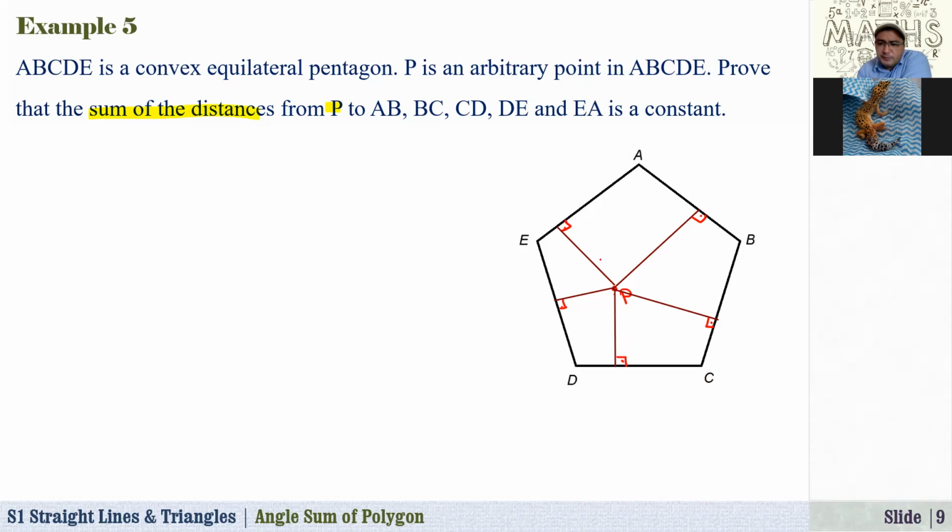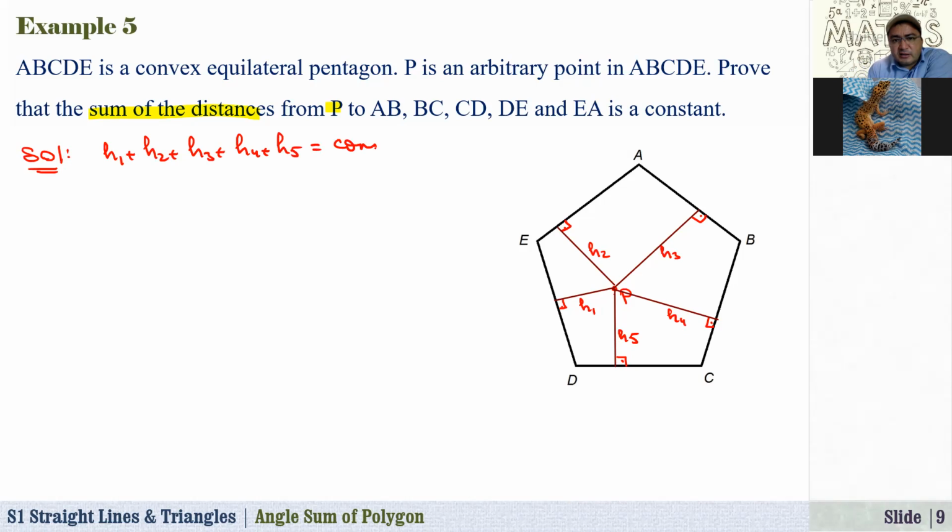Let me just label them. This one is H1, this one is H2, this one is H3, this one is H4, and H5. The question here is we have to prove that H1 plus H2 plus H3 plus H4 plus H5 is a constant number.